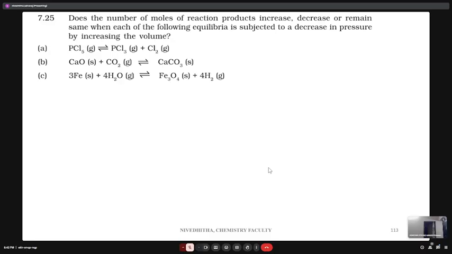See, they are basically increasing the volume. If you increase the volume, pressure will get decreased, right? So if you decrease the pressure, then what will happen to the concentration of the product? We have to predict whether it will increase, decrease, or there will not be any change in the concentration of the product.